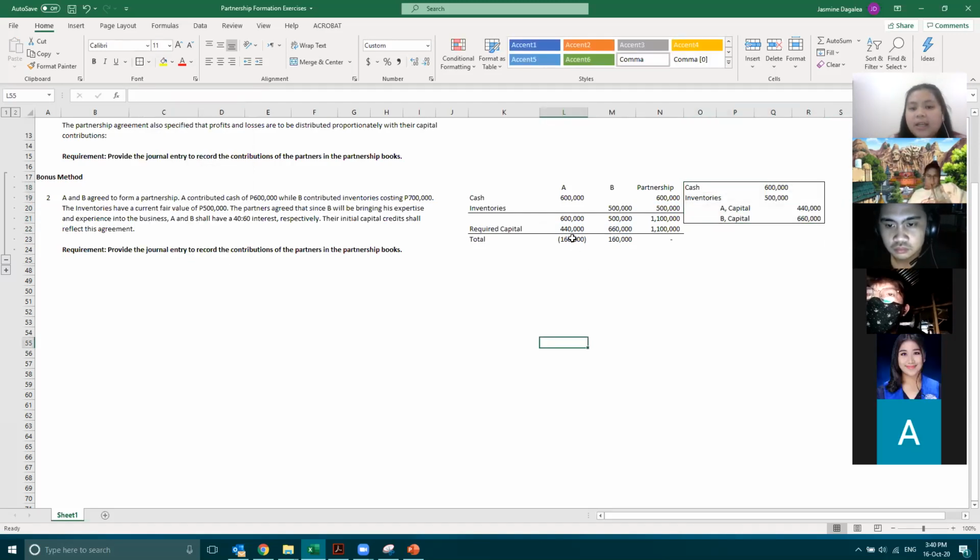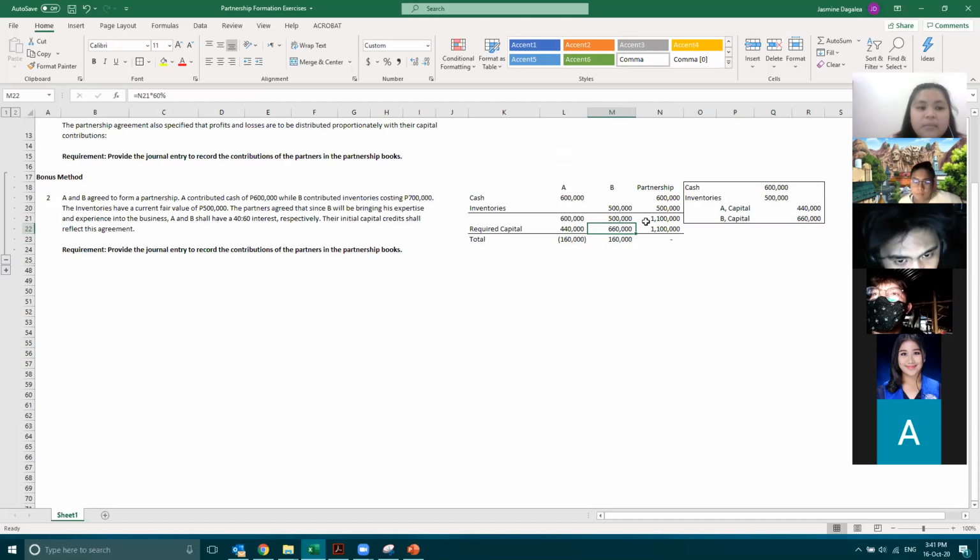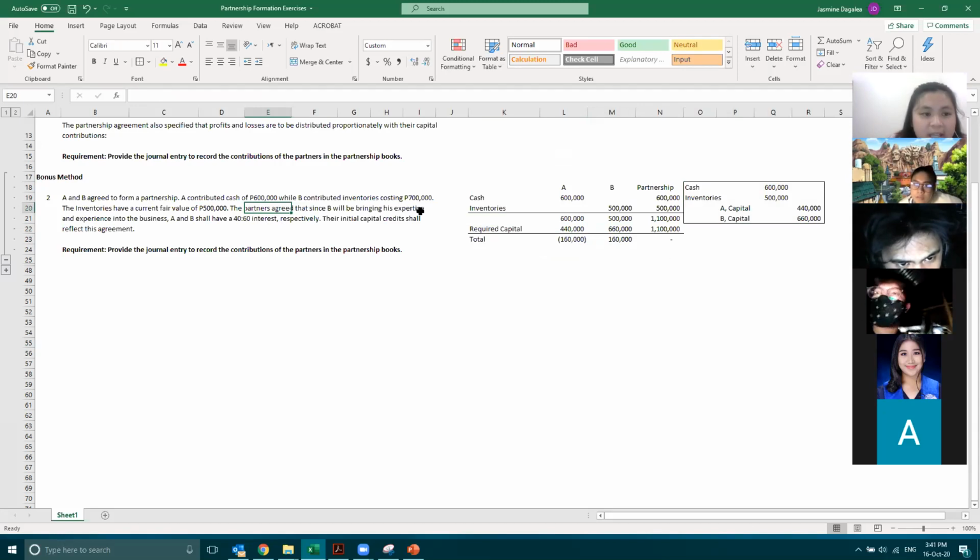So, yung pwedeng mangyari is, A magwi-withdraw ng 160,000, si B mag-a-add ng 160,000 para maging 660,000 nila yung capital credit niya. Ay, hindi pala. Sinabi pala dito, the partners agreed that since B will be bringing his expertise and experience into the business, A and B shall have 40-60 interest.